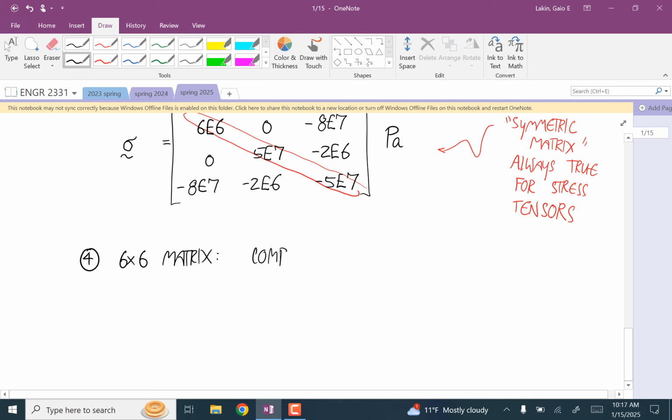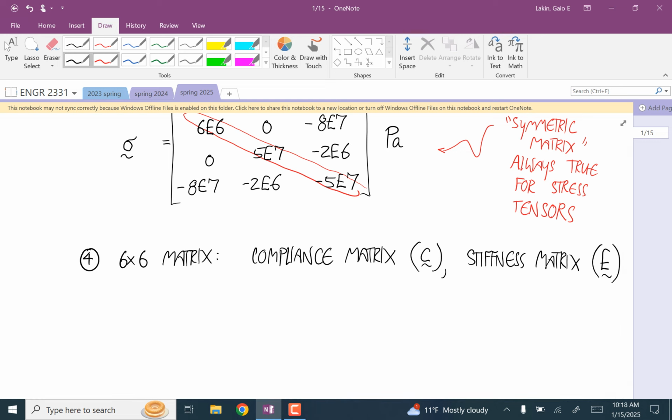And this will be for the compliance matrix, I'll call that C undersquiggle, and for the stiffness matrix, I'll call that E under squiggle. And one thing about these is they have the same information. It's just two different ways of using it, and they're the inverse of each other.